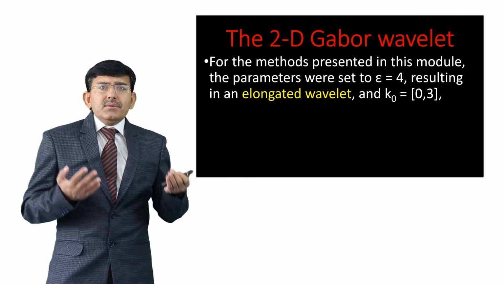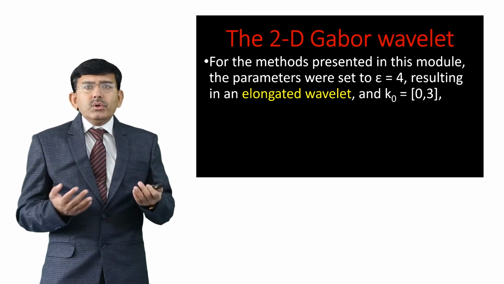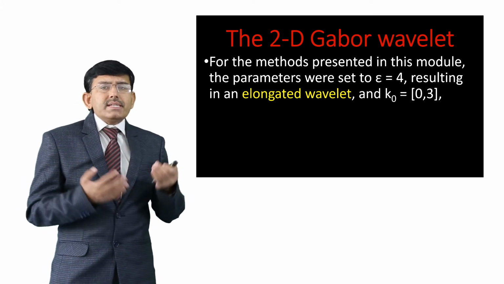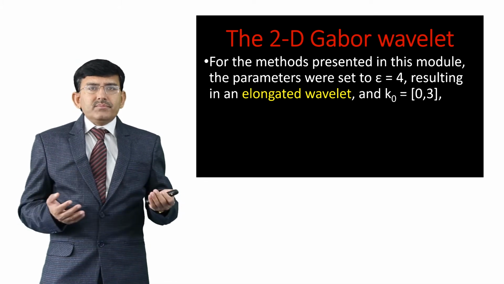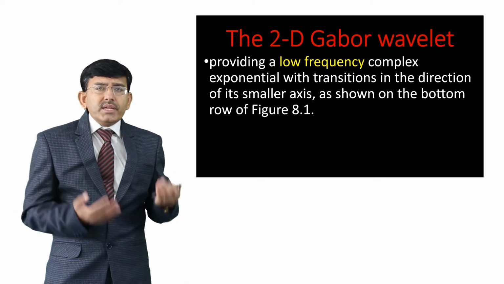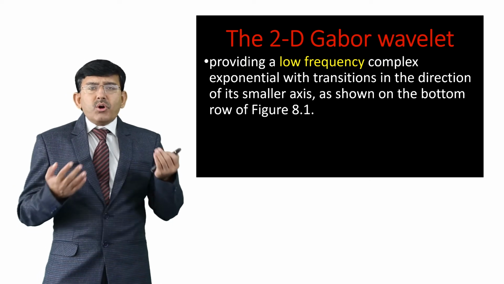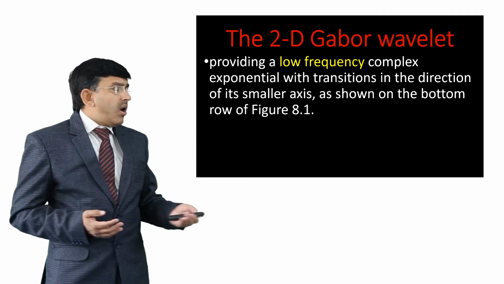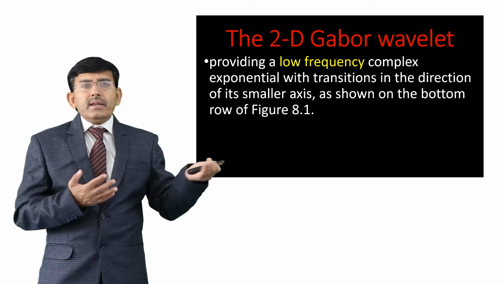For the methods presented in this module, the parameters were set to epsilon equal to 4, resulting in an elongated wavelet, and k0 equal to (0, 3), providing a low frequency complex exponential with transition in the direction of its smaller axis, as shown on the bottom row of figure 8.1 which came up in an earlier slide.